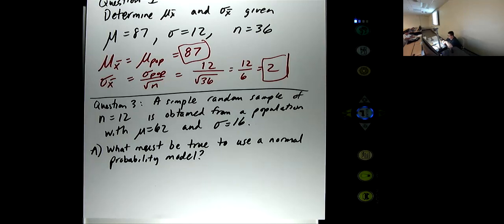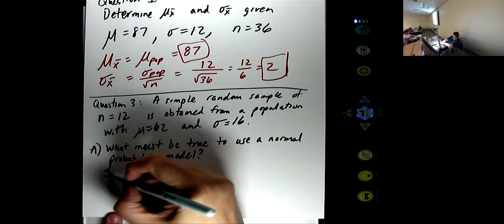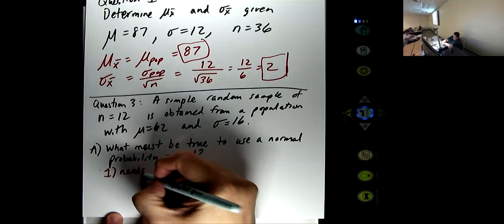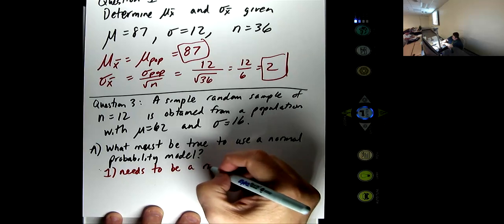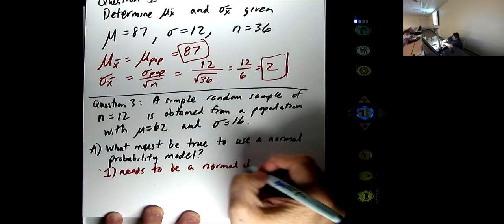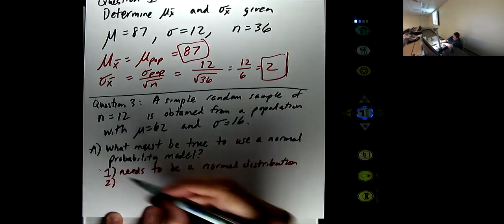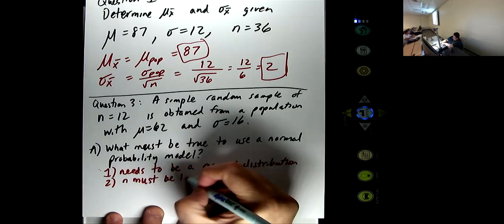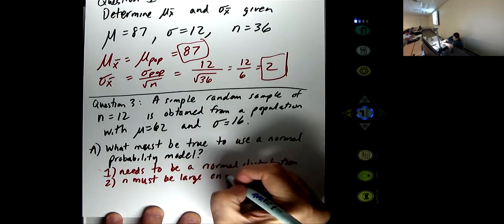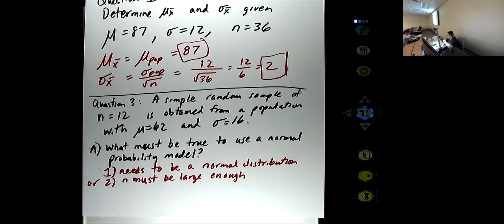So, one of the following must be true. It either needs to be, one, a normal distribution, or two, n must be large enough. One or two. You don't need both.